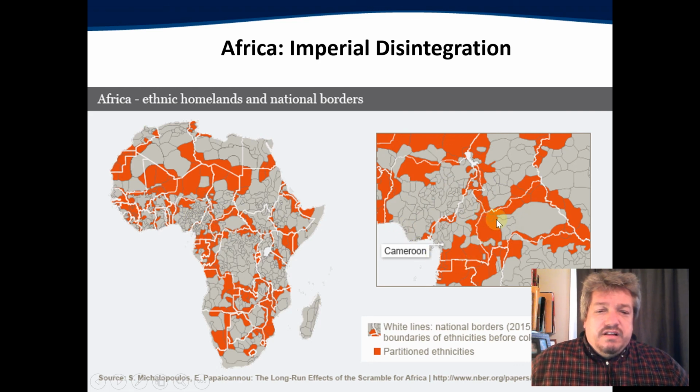These little red and white areas here, the white lines are current national borders, but the red lines are ethnic groups. So this group right here, that lives right here, in 1, 2, 3 countries, is one ethnic group. They have a shared cultural area, but they were divided among 3 countries.